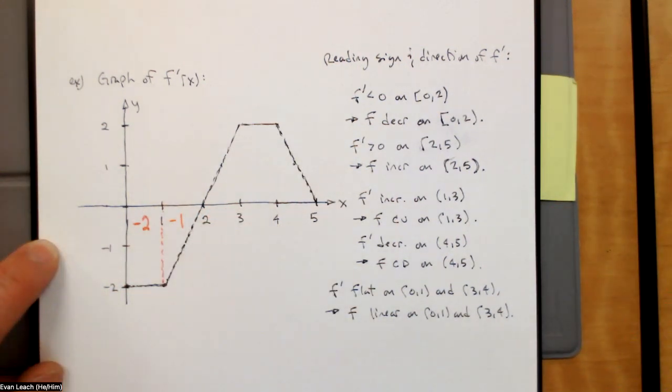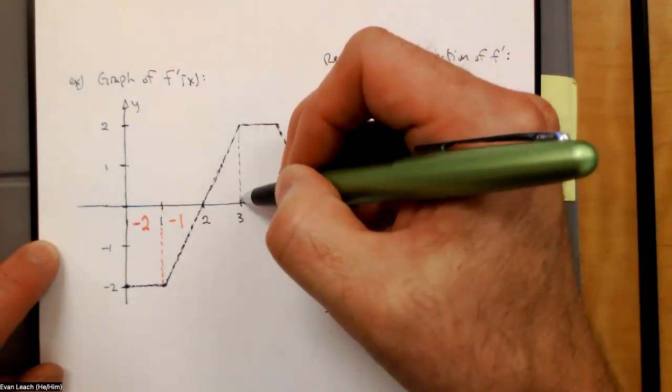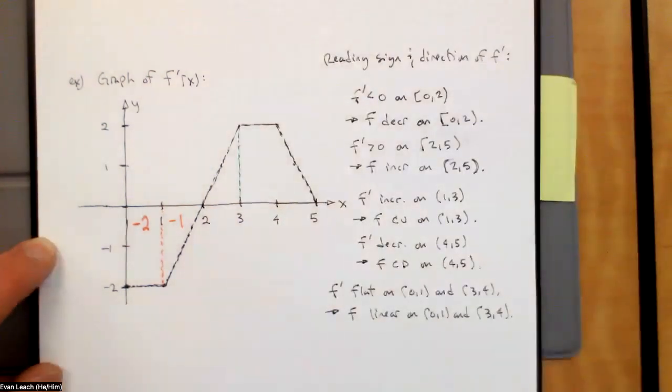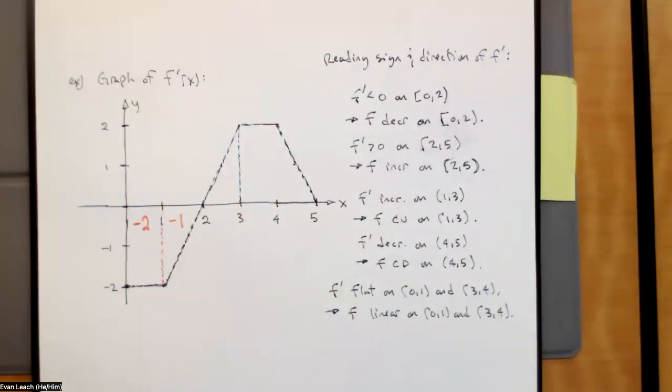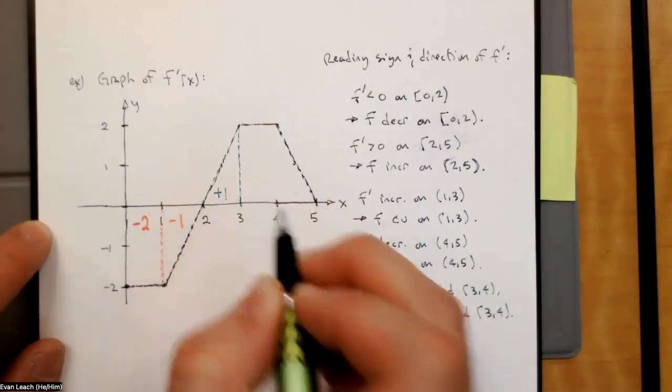On the interval from 2 to 3, now I've got a derivative that's positive, so my function is increasing. The area will tell us by how much. The area of this little triangle is 1, so this will be an increase of 1.